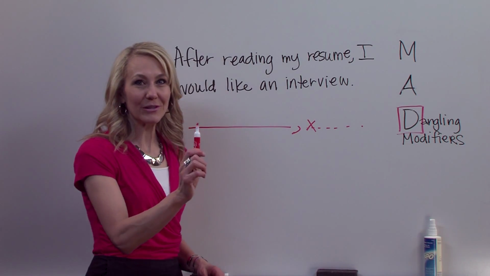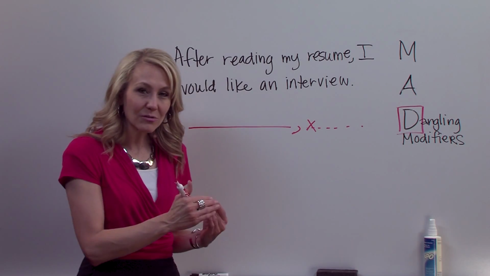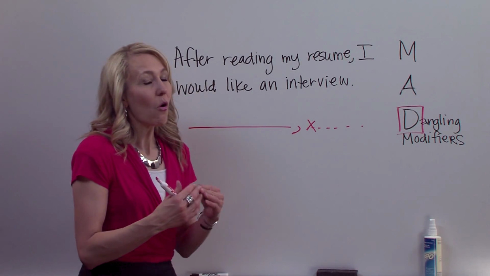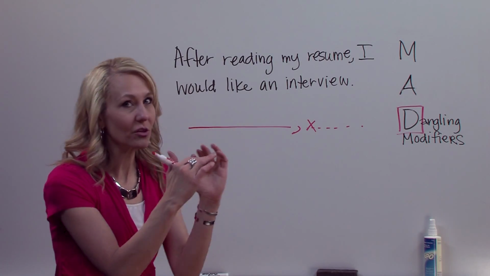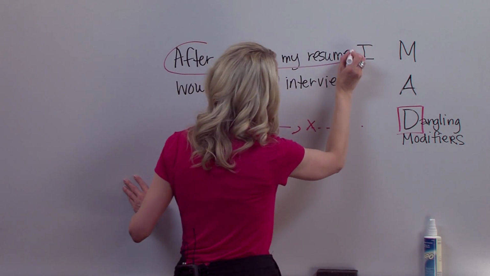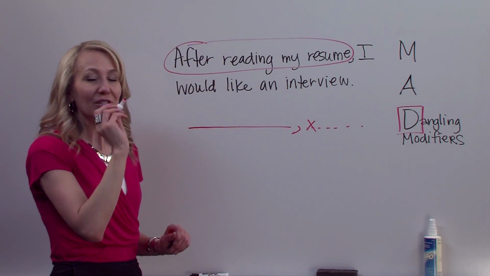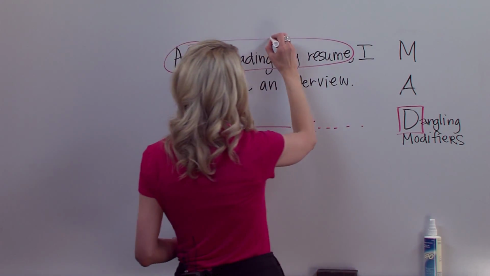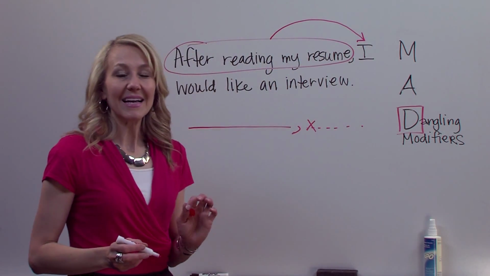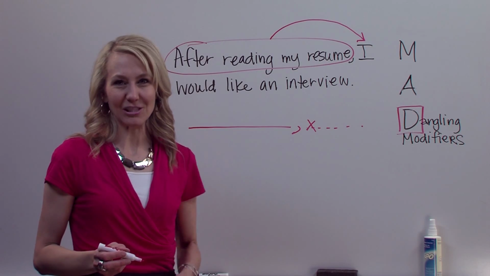Now here's what you do with your pen to test whether I have a clear modifier relationship or my modifier phrase is hanging out in the wrong spot. I'm going to circle my entire modifier phrase, and then draw an arrow to the subject that comes next to it.